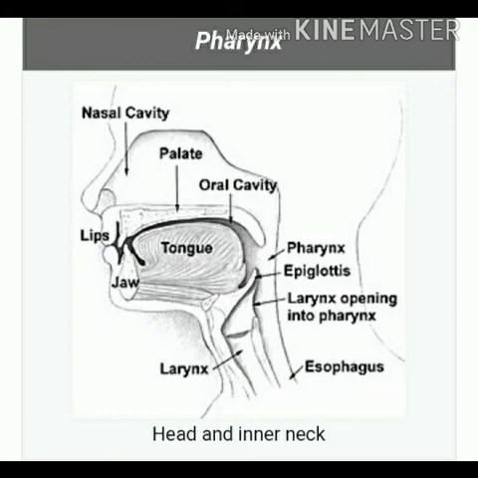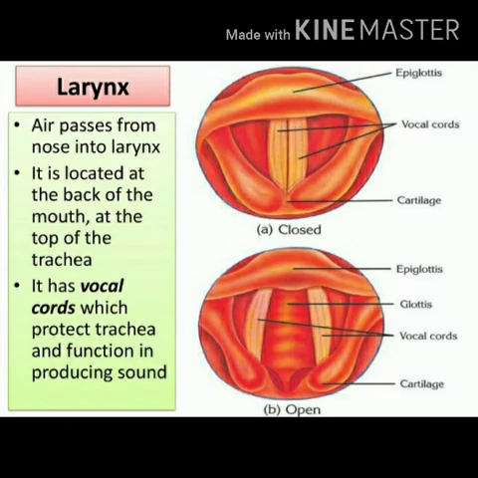The food pipe we call the esophagus and the air pipe we call the trachea. The opening of the trachea we call the glottis and the opening of the esophagus we call the gullet. There is a small flap called the epiglottis, which closes the glottis while we swallow food, so it avoids the entry of food into the trachea.